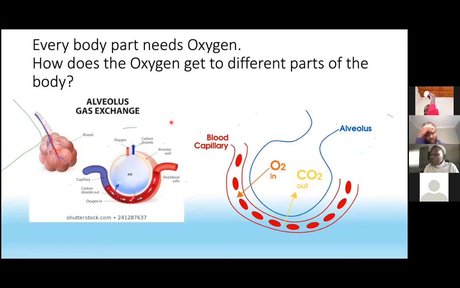Like I said here, the alveoli is the sac. Those things that look like balloons, they look like bubbles. Yes, they do look like bubbles. So what happens to them?